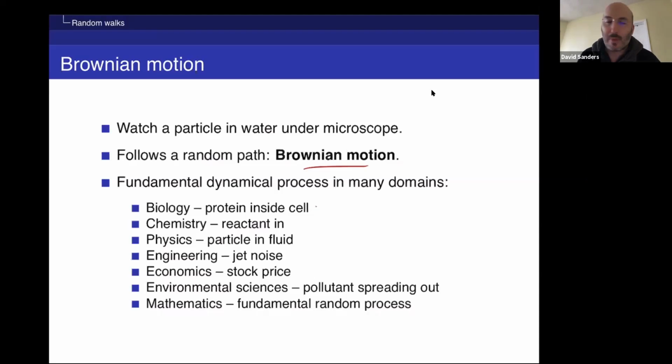So in biology, you might be interested in how a protein moves inside a cell. In engineering, you have the noise of a jet plane, which actually we don't hear very much of right now, but usually it's a problem, etc. So in many areas this is a key concept.